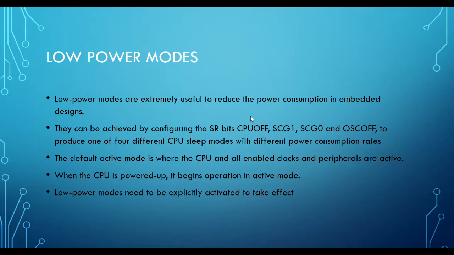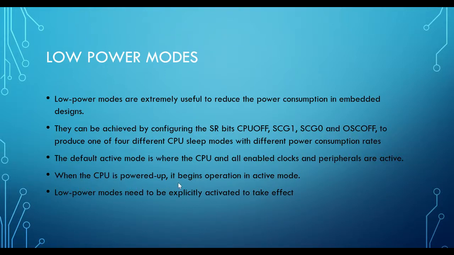But you can actually manually assign the status register as CPU off and so on. So if you're not using the CPU, you can define it to be off. Okay, so these 4 bits in the status register allow you to save power. If you're not using the CPU, you can turn it off. If you're not using the oscillator, you can turn it off, and so on and so forth.